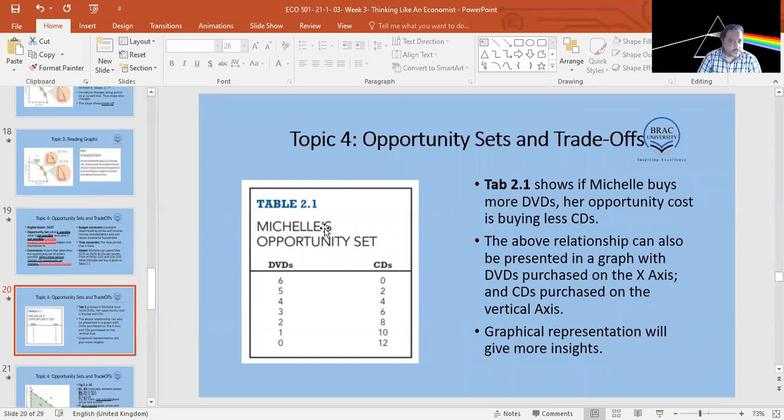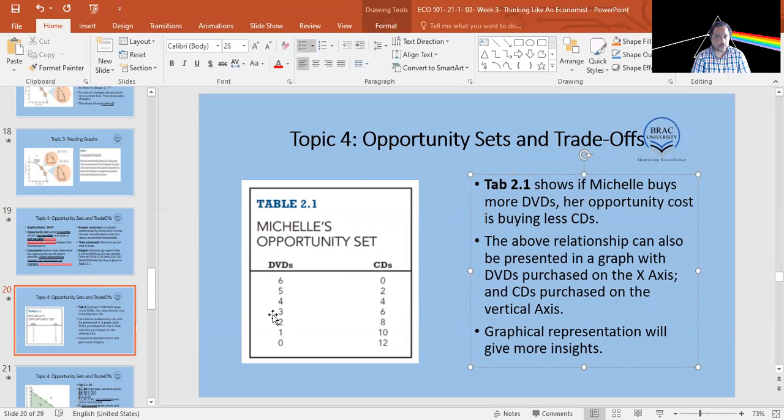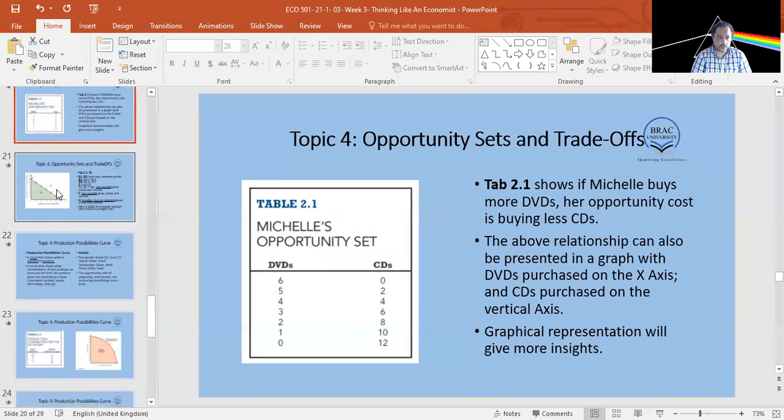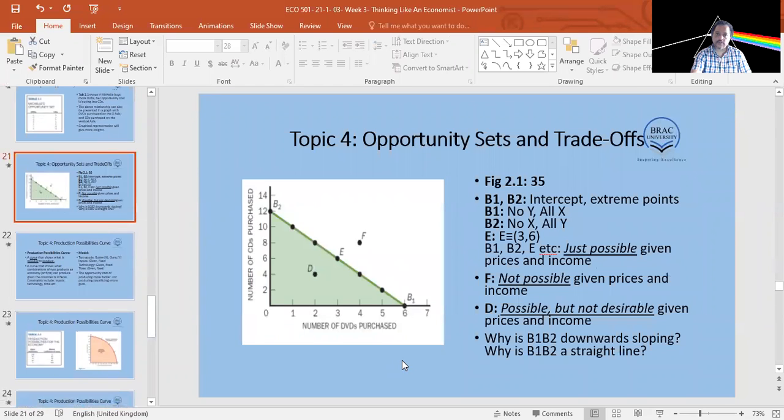We come back to that same table that we saw in the previous part, table 2.1, Michelle's opportunity sets. We're not going into details of this table because we've already covered it. The next graph is actually the same presentation of the previous graph that we did in the last part, but now we are going to identify some critical points.